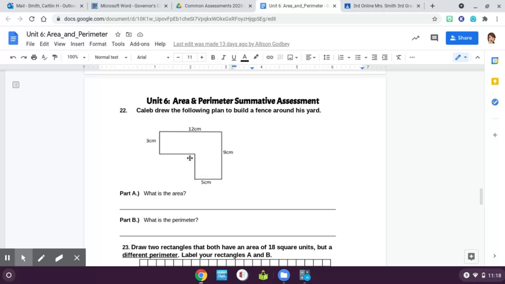To find this side, we know that this whole piece would be 9, and we know that this is 3. So 9 minus 3 is going to give you this side length. Once you have all the sides, you simply add them all up.